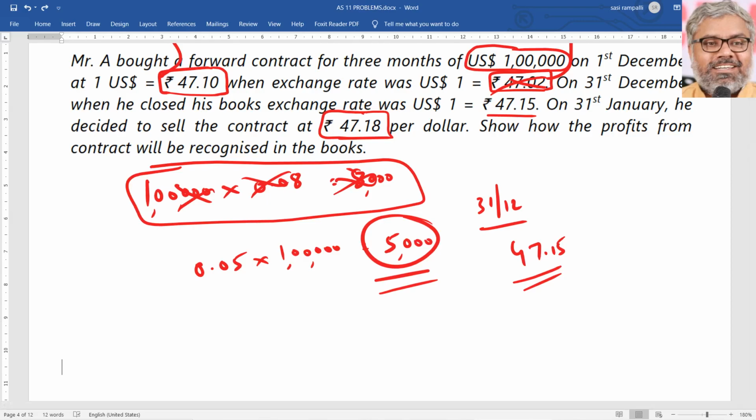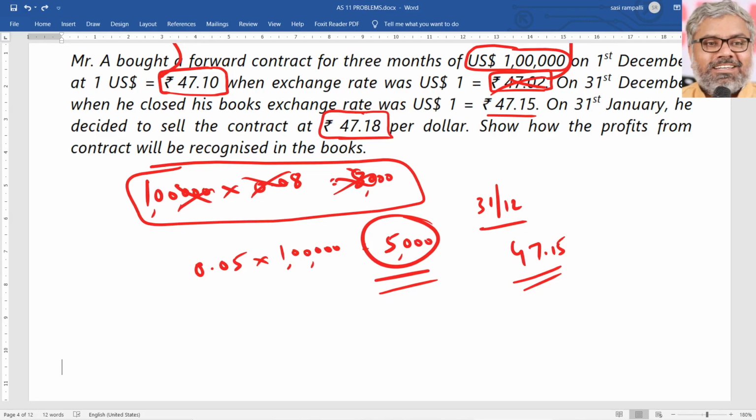But on the date when the books of accounts are closed, since Accounting Standard 11 said it has to be marked to the market, we need to recognize that as a profit. So particularly this 5,000 rupees has to be recognized as a profit on 31st December. But the point is, when he has actually sold this contract at 47.18 rupees per dollar, he has just sold that contract.